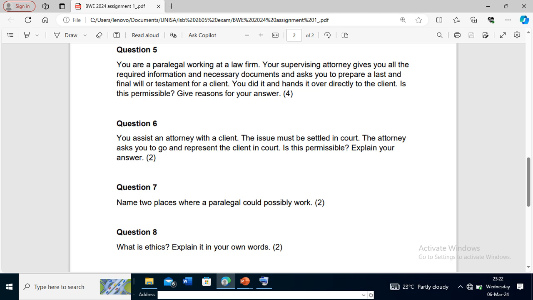And then you need to check in your study guide 4.5.4 court appearance. I forgot the page, but it is only unit 4.